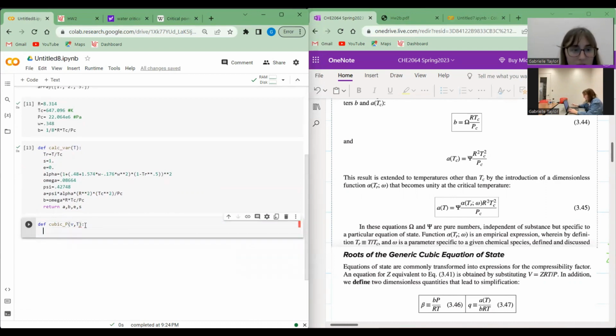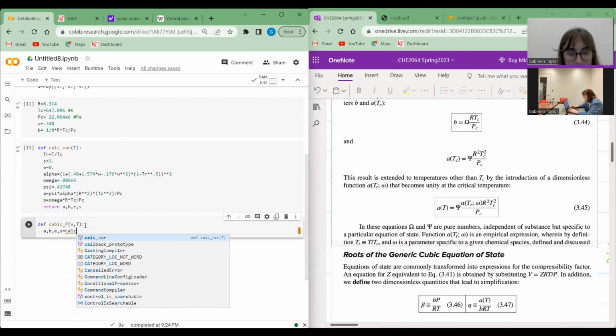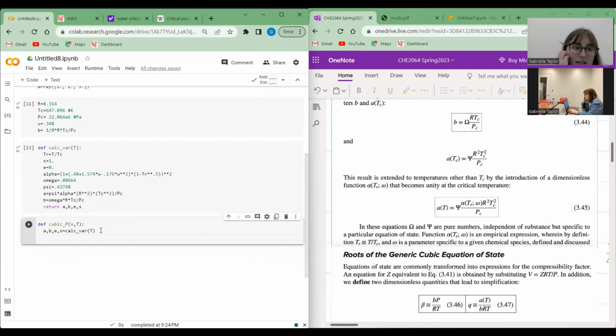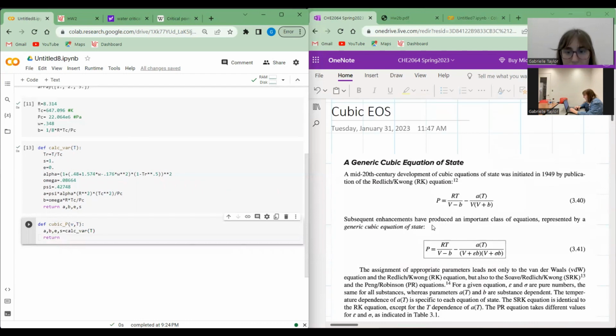So we're going to unpack our variables, epsilon and sigma. And this is going to be calculate T. And then the next thing we want to do is return our equation of state.